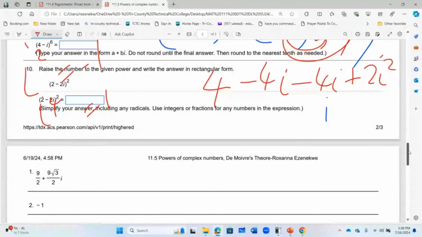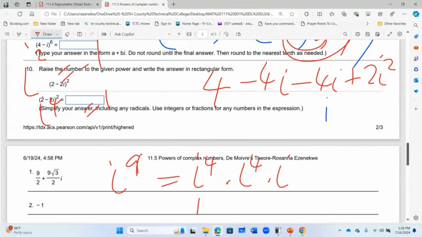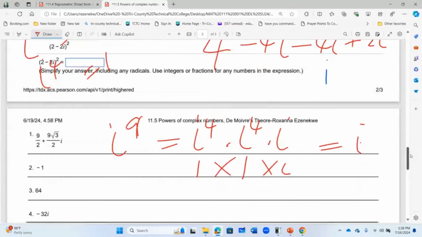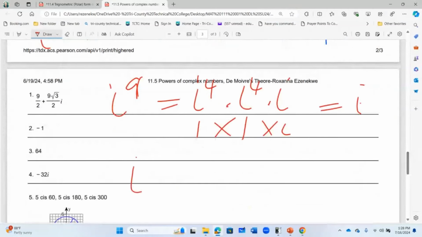Suppose I have to evaluate i to the power 9. I already know that i to the power 4 is 1. So I can say i to the 4 multiplied by i to the 4 multiplied by i to the 1. Since the first two are 1, I won't worry about them, and this is i. So my final answer is i. This is just a quick review. Well, suppose I am told to evaluate i to the power 99.